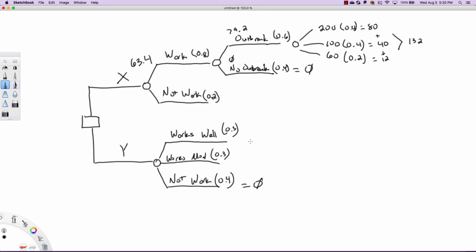We're going to go up to if it works well. I'm going to extend this out a little bit because we've got another kind of chance probability offshoots here. So just like with drug X, we had 3 possibilities.